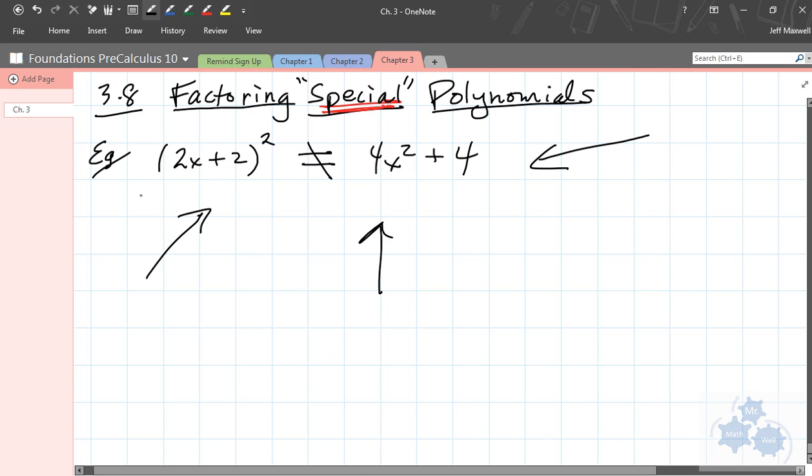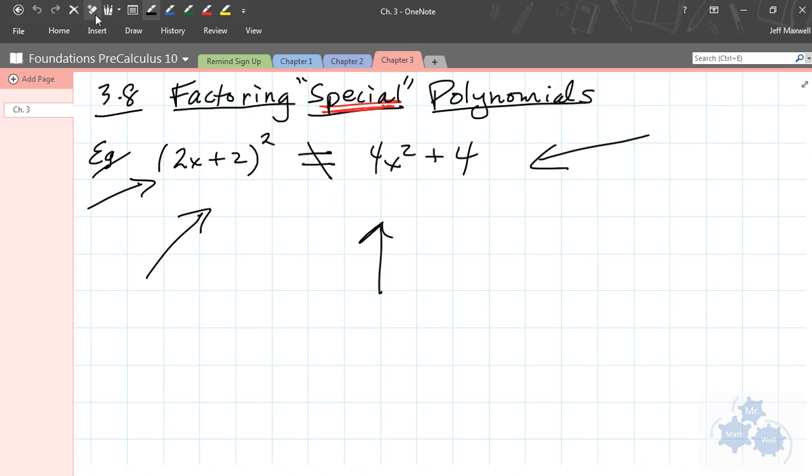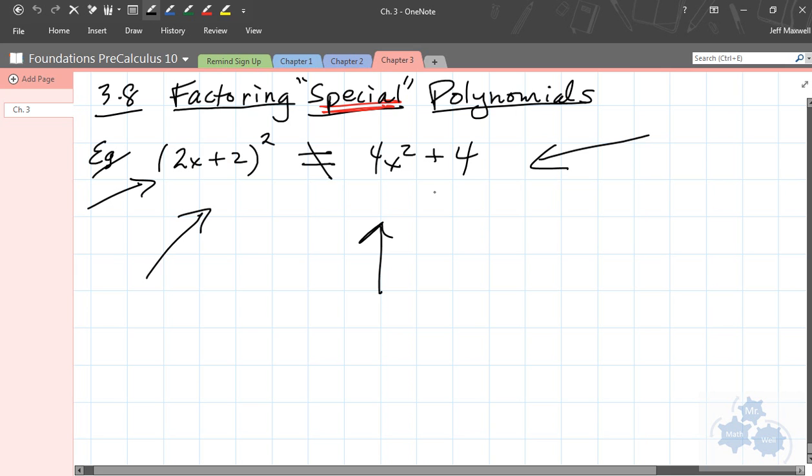And if you ever catch yourself thinking that this is okay, I want you to give yourself a big slap. This is not okay. The distributive property of math does not apply to exponents when you have multiple terms, okay?